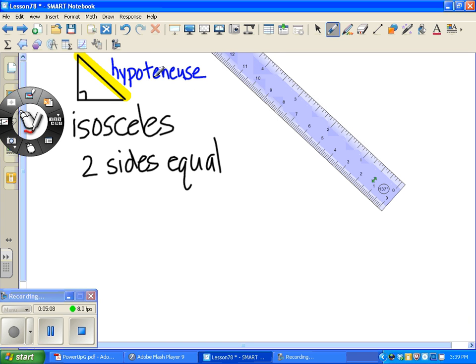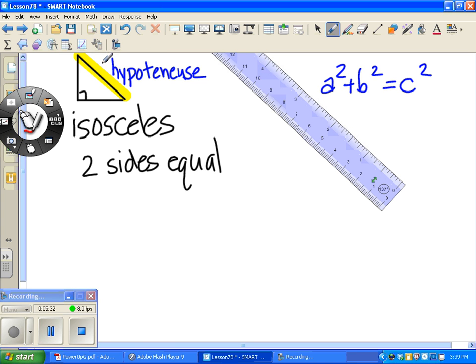Okay. And there's a really cool theorem called the Pythagorean theorem that says that a squared plus b squared equals c squared, and it truly does. If we made squares the correct size, then what would fill inside c squared would be able to fill both of these squares as well.